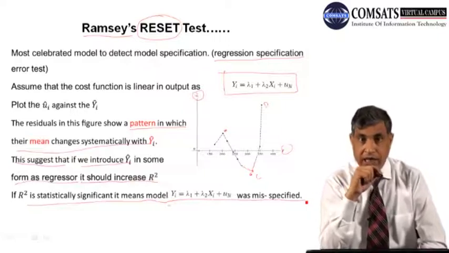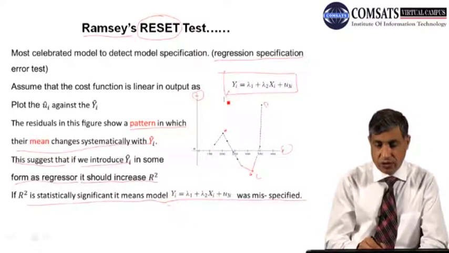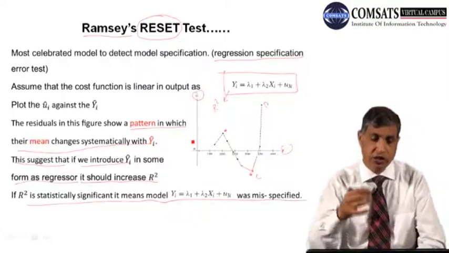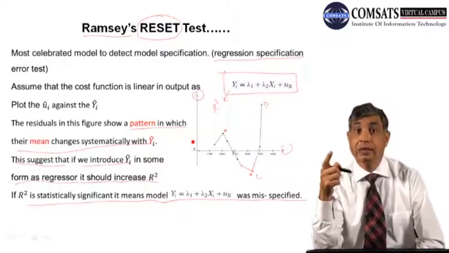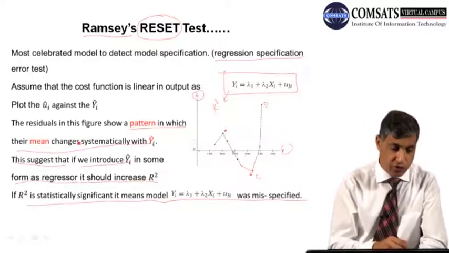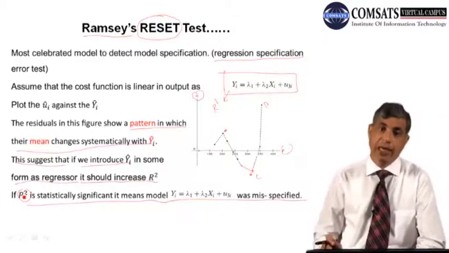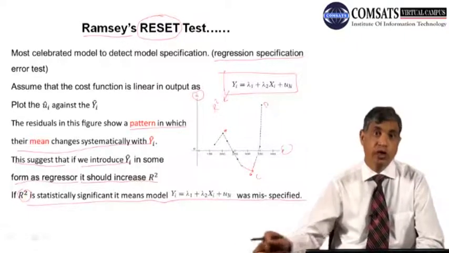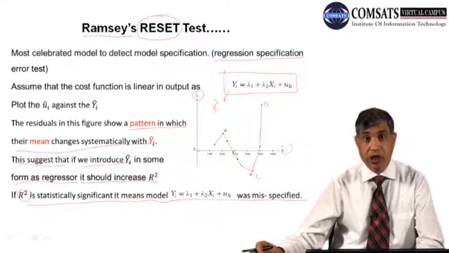The first r square comes from the original model, and I will show on the next slide that when we add yi hat as a regressor, we get a new r square. It will be higher than the previous one because a new variable has entered our model. I will tell you how to test its significance. If it is significant, the model is misspecified.